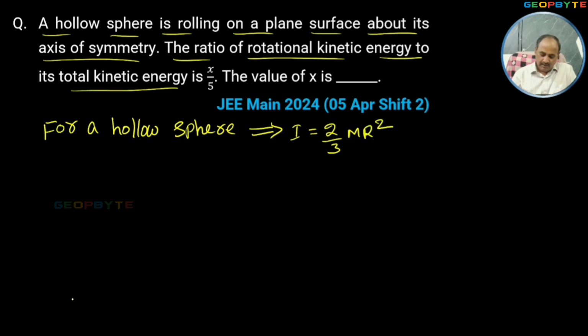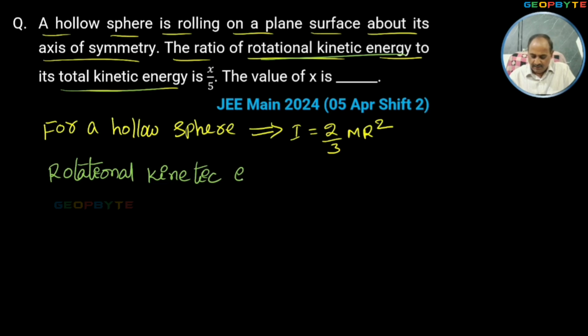Then rotational kinetic energy. It is asking for the ratio between the rotational kinetic energy and the total kinetic energy. Rotational kinetic energy equals half I omega square.